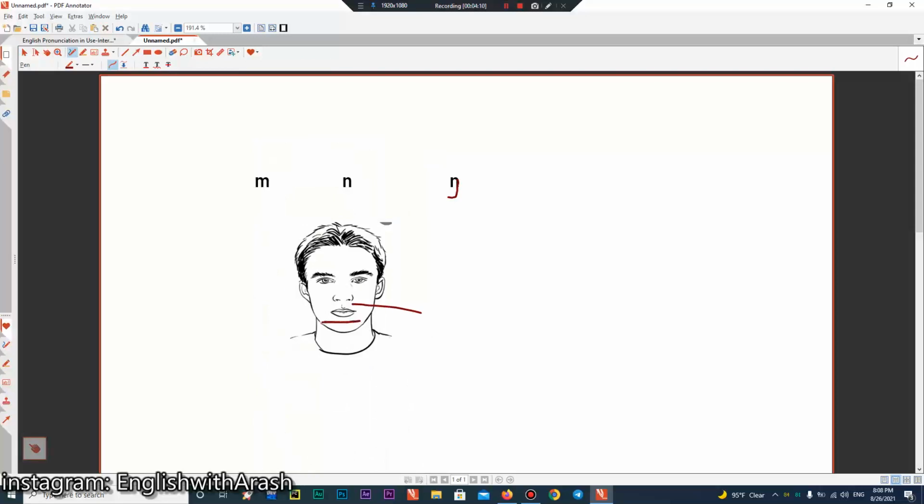For example, when I say p, the air... no, I'm not good at painting, especially with the mouse. When you say p, the air goes out of the mouth. This is the nose and this is the mouth. Okay?